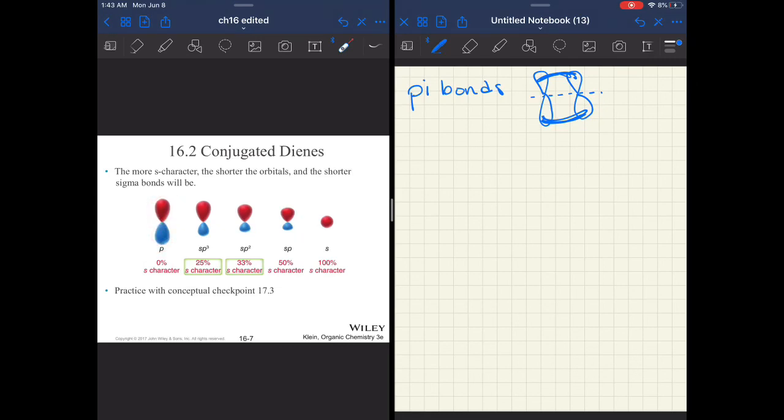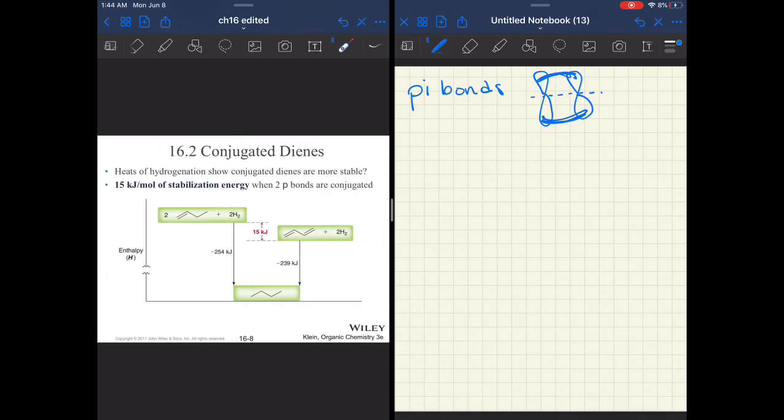When you make a hybrid of an s and a p, it has some s character and some p character. The more p's that you add, 2 and 3, the more p-like it becomes and the longer it gets. So an sp2 orbital is shorter than an sp3 orbital because of that p character.